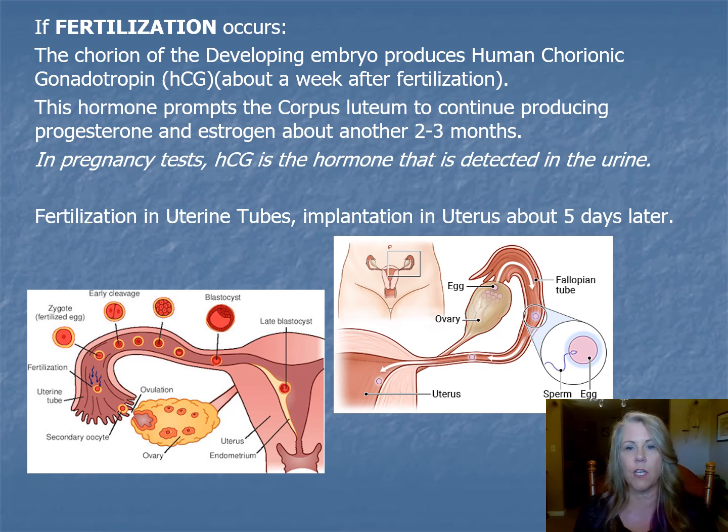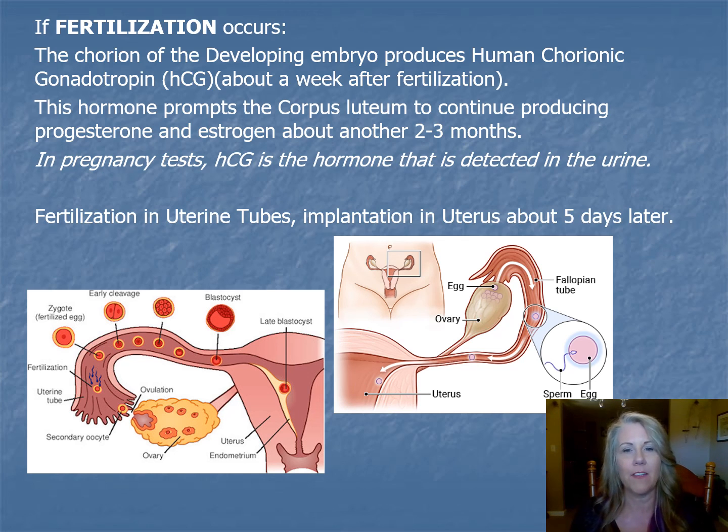That estrogen was turning off the hypothalamus from producing any more gonadotropin releasing hormone, therefore any LH and FSH from the pituitary. The progesterone was helping out the uterus, helping to stimulate the endometrial layer to become secretory.